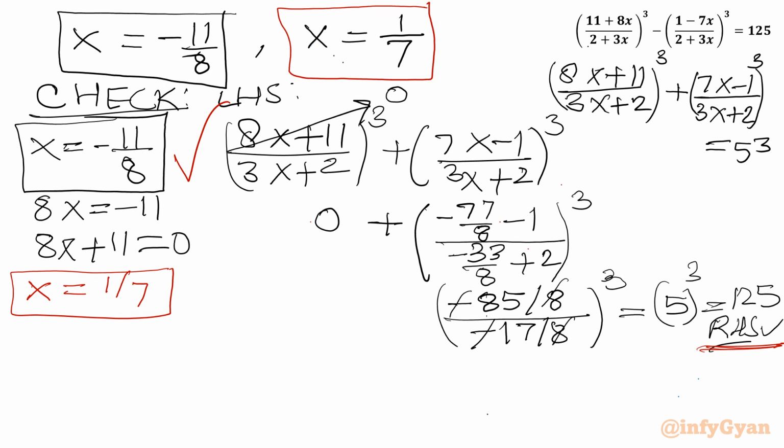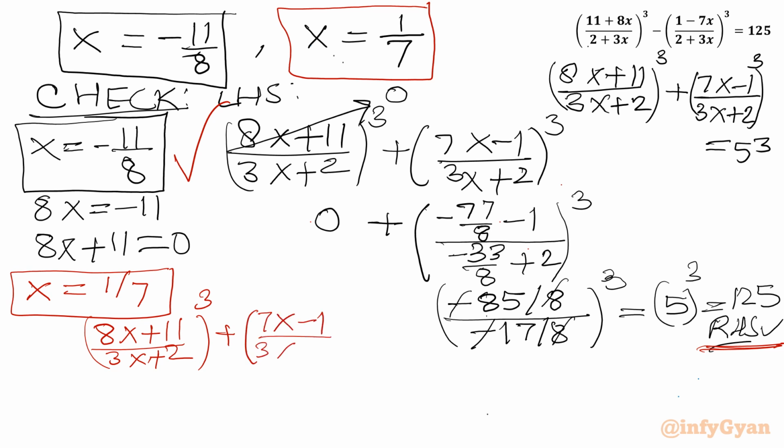Let me write the equation ((8x plus 11) over (3x plus 2)) whole cube plus ((7x minus 1) over (3x plus 2)) whole cube. Now 7x minus 1, from this equation we can write 7x is equal to 1, or 7x minus 1 will be 0. So this time this will be 0.